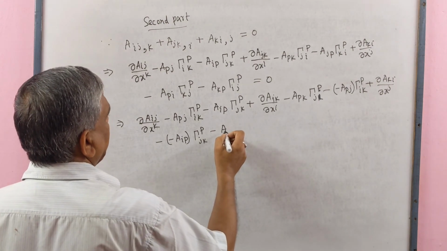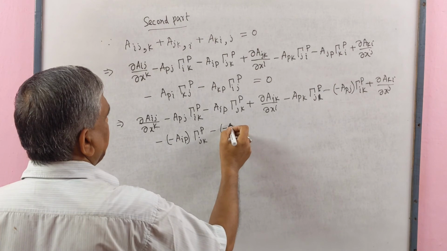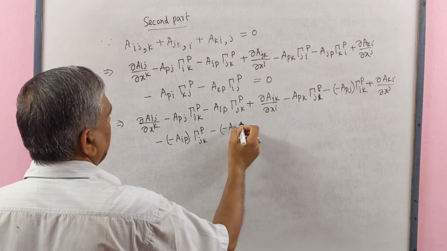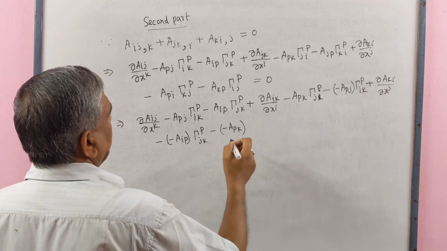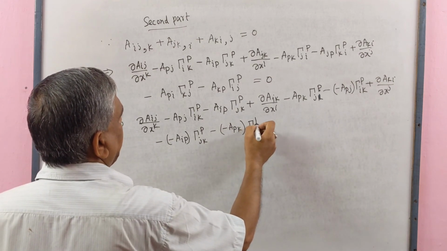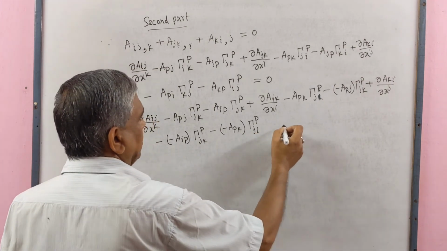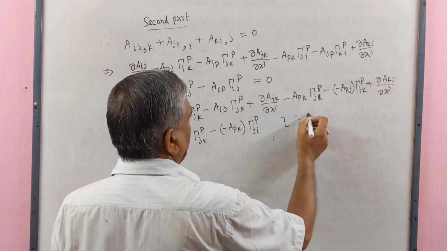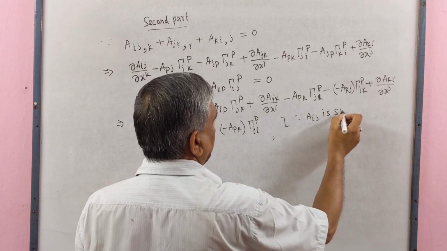We may write this skew symmetric, minus a_pk, and we may write the Christoffel symbol of the second kind {p j i}, since a_ij is skew symmetric.